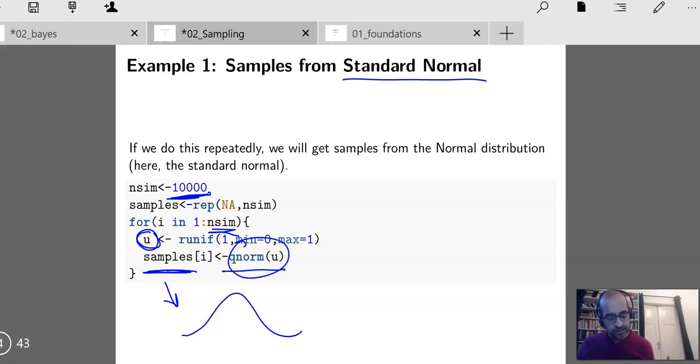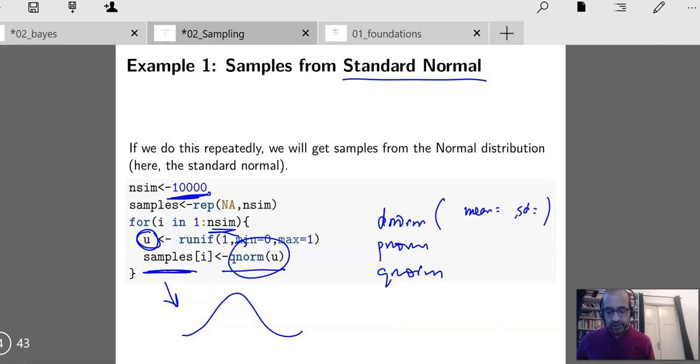Because I'm sampling from this, I'm solving this inverse CDF here, right? And this inverse CDF refers to a standard normal distribution by default. In the dnorm, pnorm, and qnorm family of functions, if you don't specify the mean and the standard deviation, it's by default assumed to be mean 0 and standard deviation 1, right?